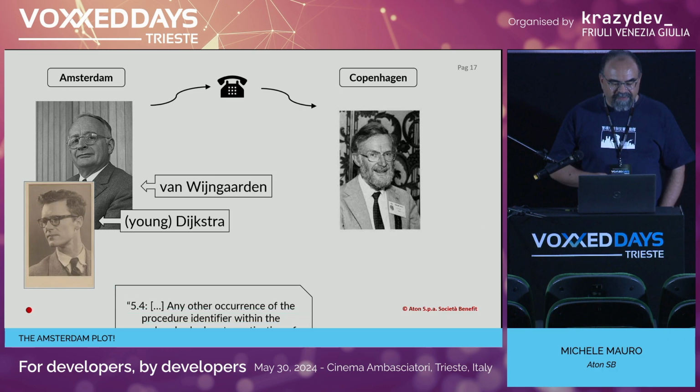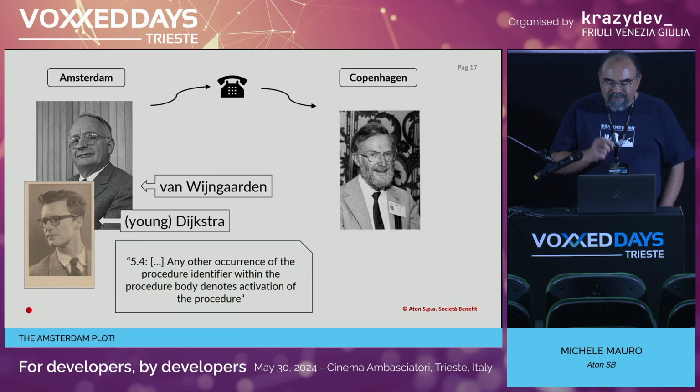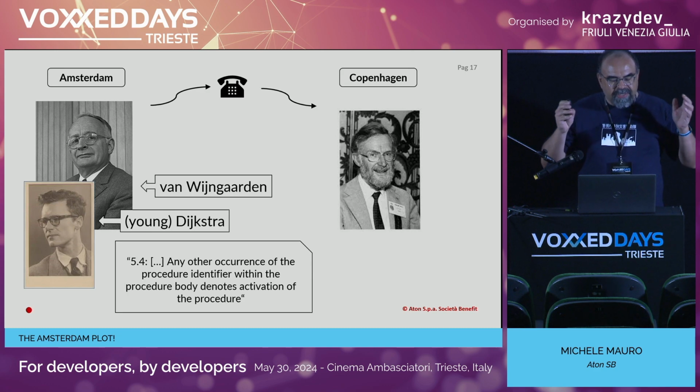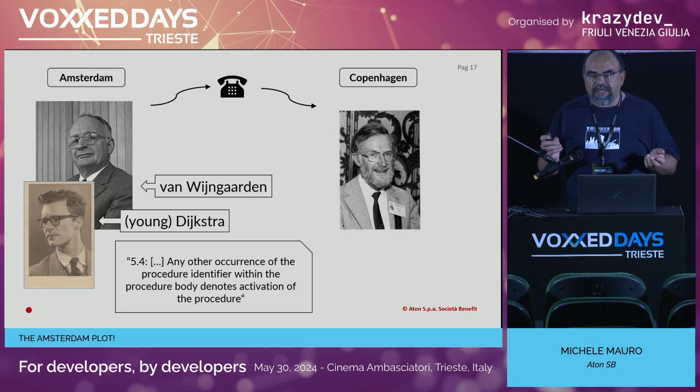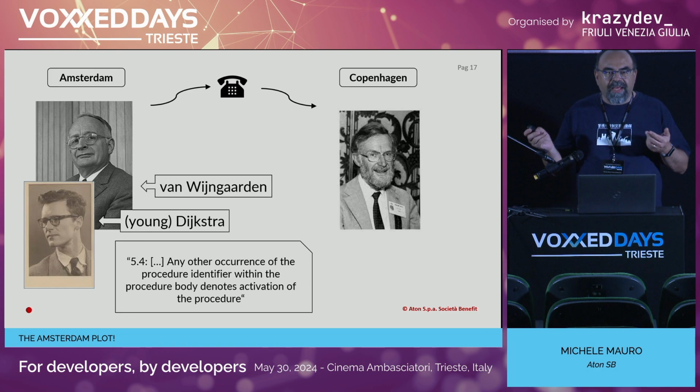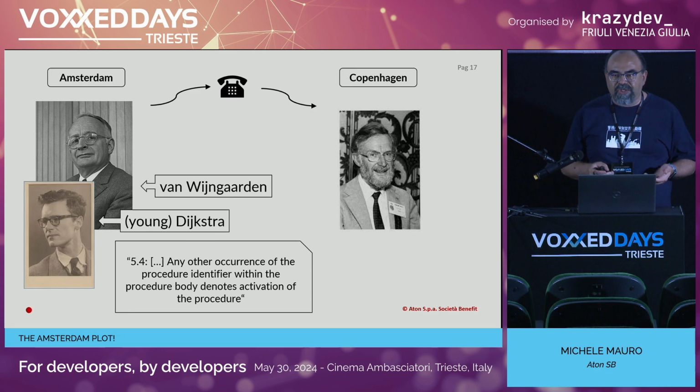In section 5.4, you just need to add: any other occurrence of the procedure identifier within the procedure body denotes activation of the procedure. So Peter Naur, I think you all imagine, would have responded, well, the standard is closed. I can't change it.